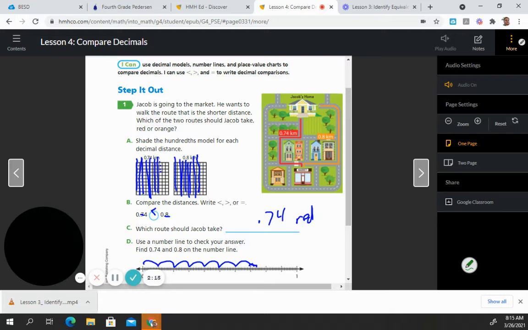The orange route is going to go like this, 10, 20, 30, 40, 50, 60, 70, 80, 8 tenths. So you can see that, and this model is cool on the number line because it's easy to see, oh, he went about that much more, which is about 6 hundredths more. So we go 6 hundredths more on that second route.